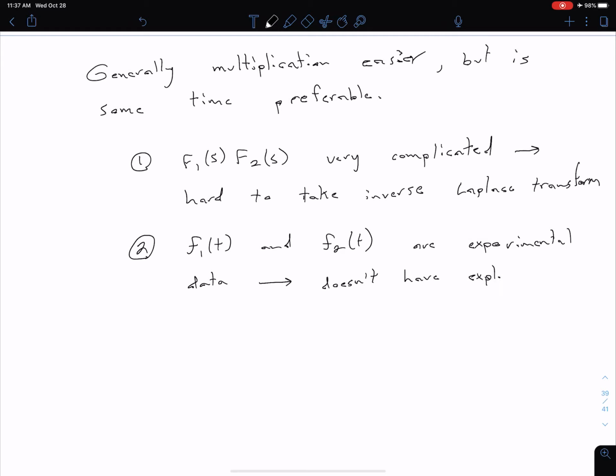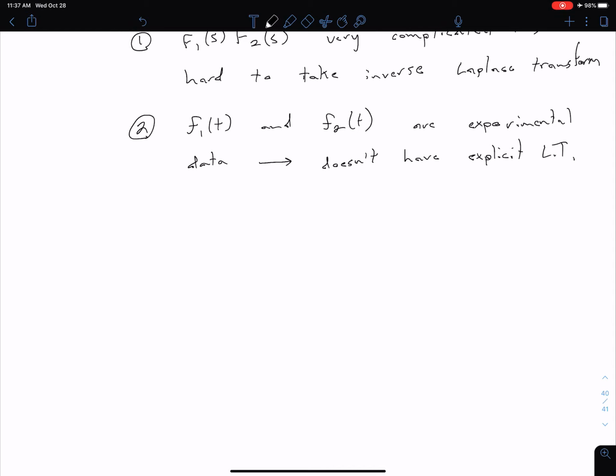So far when we've looked at our Laplace transforms, we've talked about these nice step functions, nice sine functions, but maybe we have something from our experimental data that is harder to define. Maybe it's something that varies over time like this. And so in this case, it's going to be easier to work in our time domain.